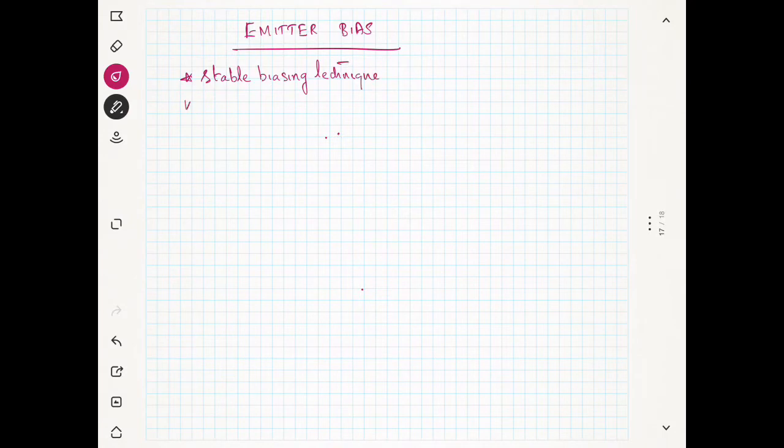It is used especially in applications where good stability is required, for example, in military applications.